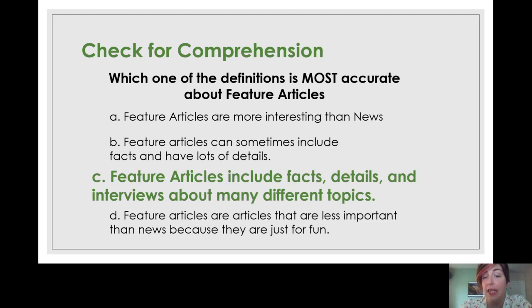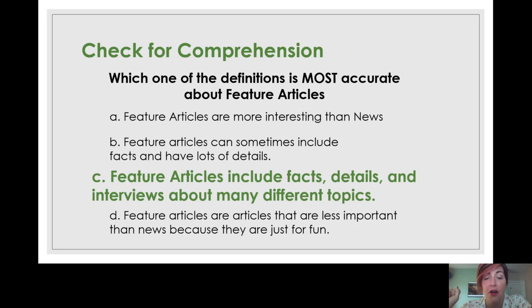And if you chose C, that is the best choice. Feature articles are more interesting than news is an opinion, so that would not be a good definition. Feature articles can sometimes include facts and have lots of details. They do have lots of details, but they can sometimes include facts. We don't want to have fake news going on. They must include facts. We're not going to make things up.